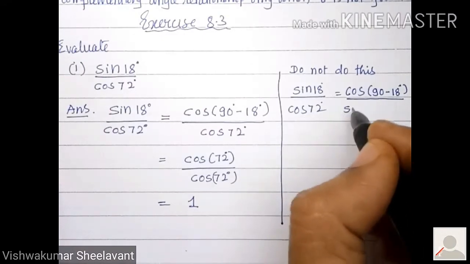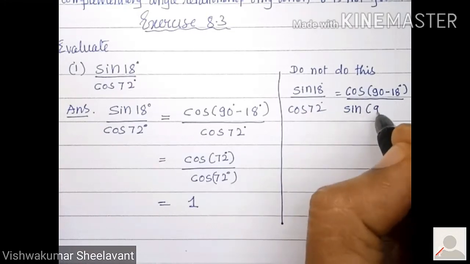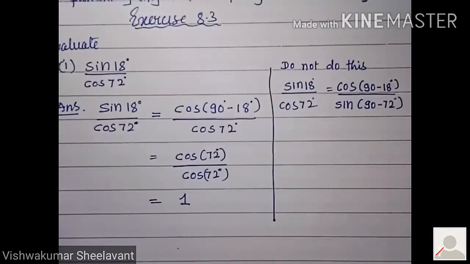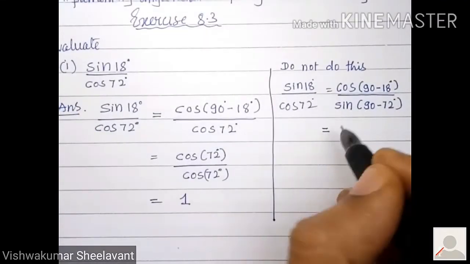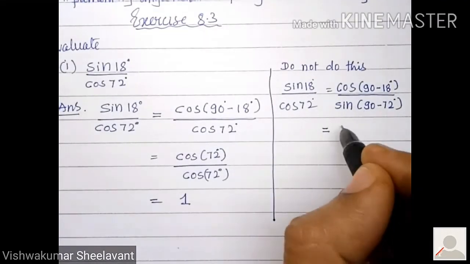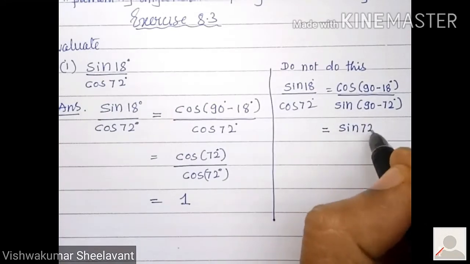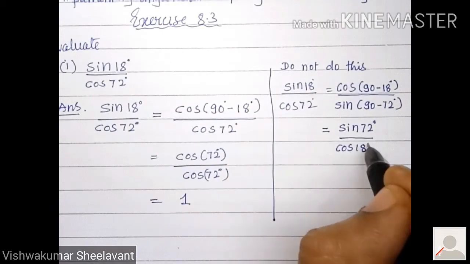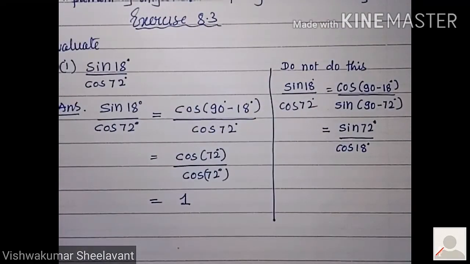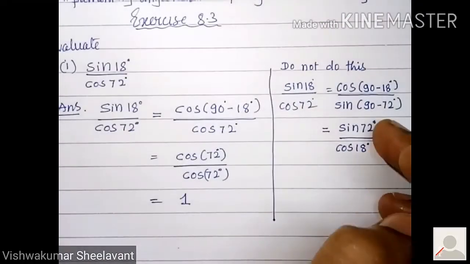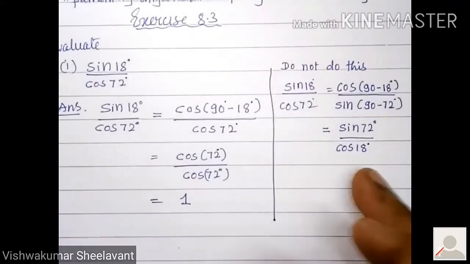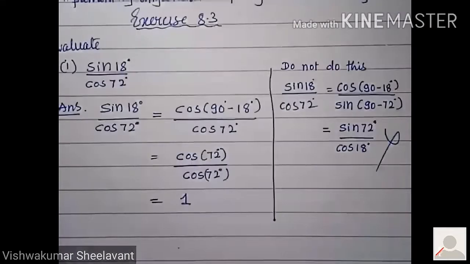That means you will write it as sine of 90 minus 72. Ultimately what you will get? You will get this as sine of 72 and this as cos of 18 degree. These values are not available in the table. You cannot do anything. So this is not simplification.